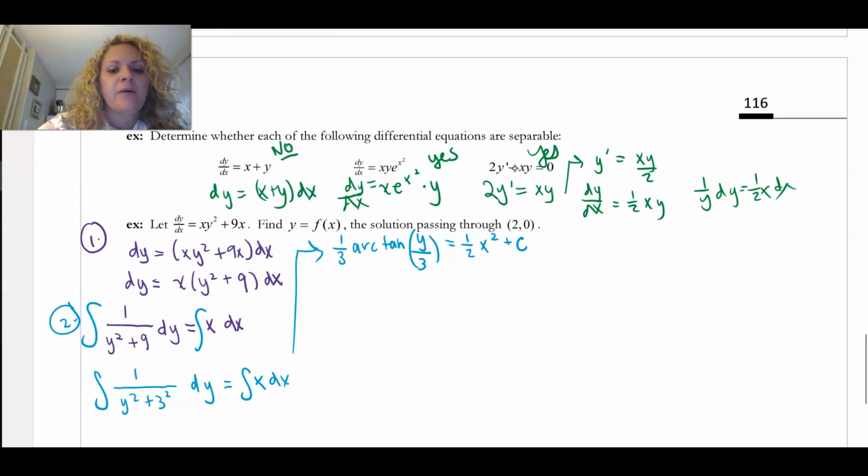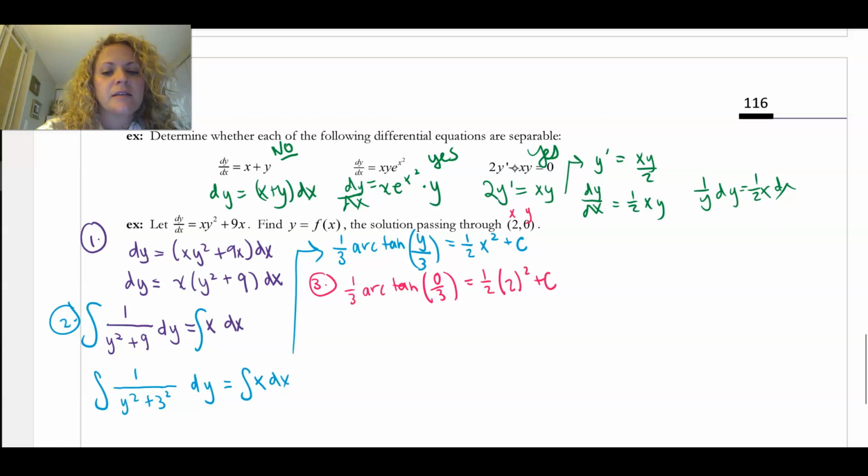All right, I'm gonna go ahead. So as we solve for c, we're gonna plug in 2 for x and 0 for y. So 1/3 times the arctangent of 0 over 3 equals 1/2 times 2 squared plus c.